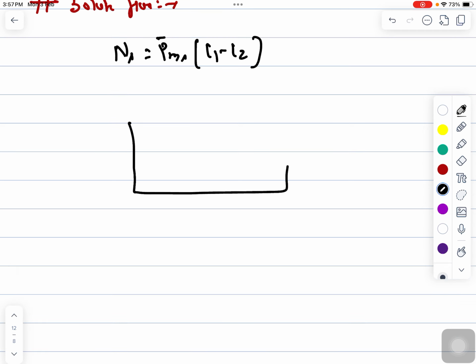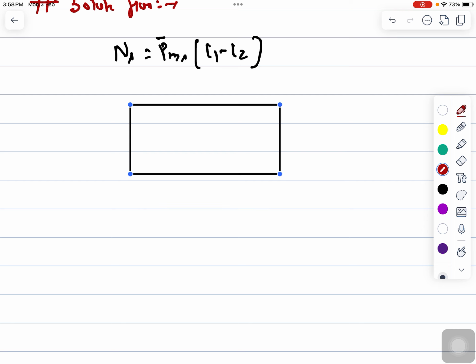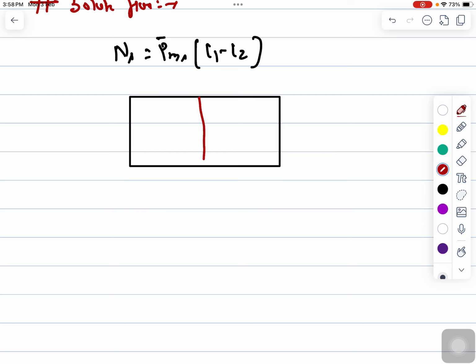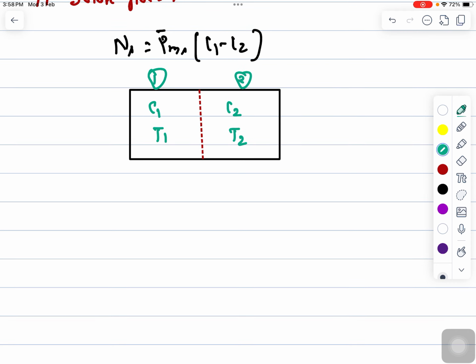Here you have seen this kind of setup, where there was a semi-permeable membrane and the concentrations were C1 and C2. The concentration of solute in the left compartment is C1 and here C2, and temperature is T1 and T2. This one is the first compartment, this one is the second compartment, with a semi-permeable membrane between them. So you know the concentration of the solute, and PMS is the permeability coefficient of the solute.